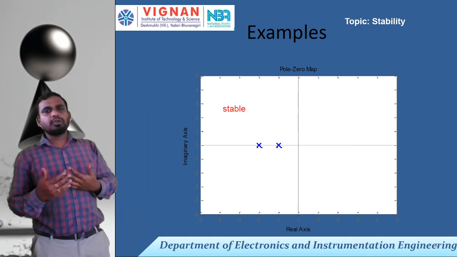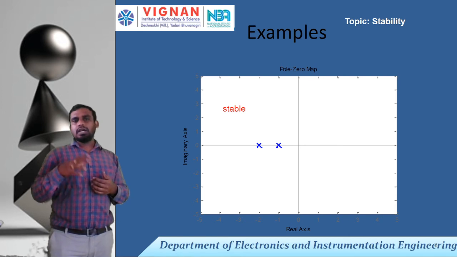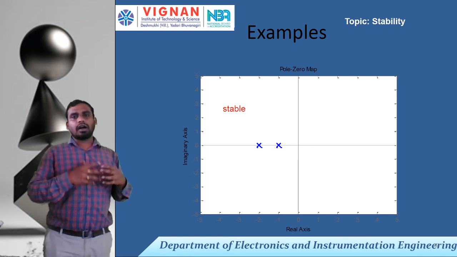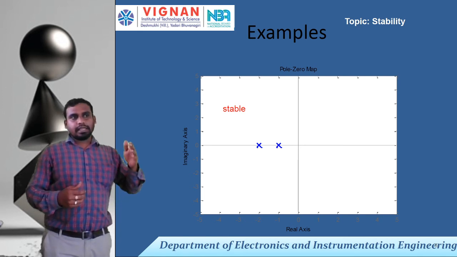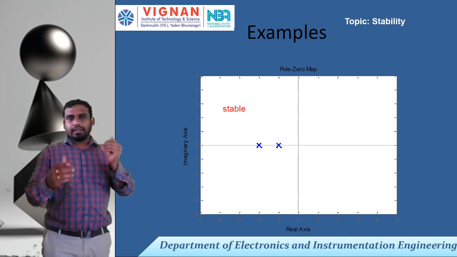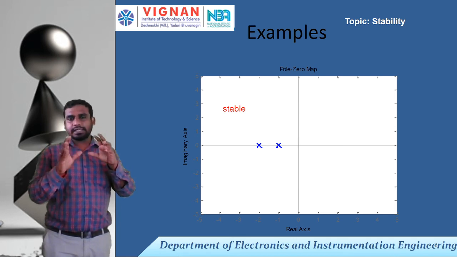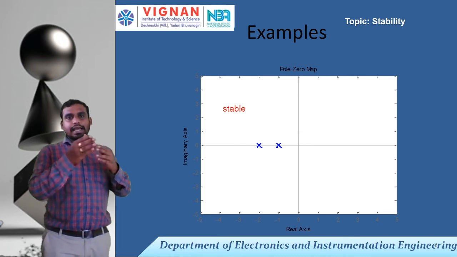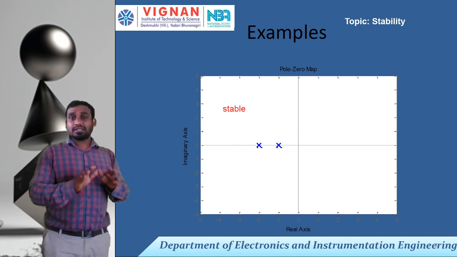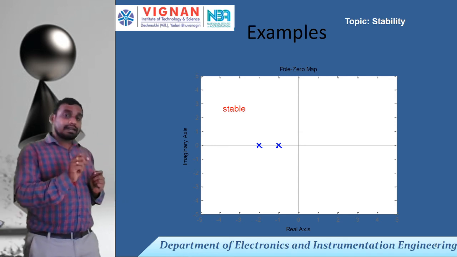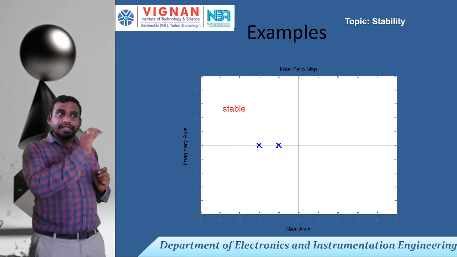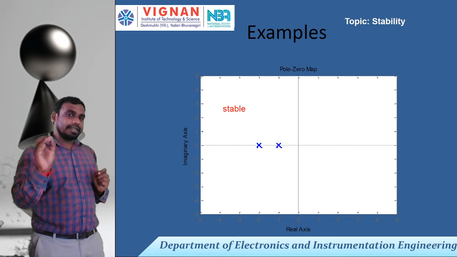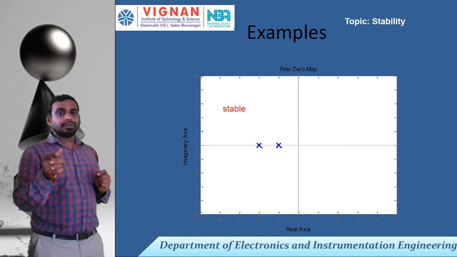We'll solve some numerical problems so that you get clarity on how we can define the system. Initially we consider a physical system, and we represent it as a mathematical expression, which is a transfer function. We equate the denominator of the transfer function to 0.